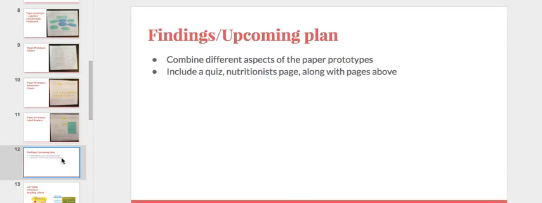So that would include all those pages above, the flashcards, the slider, the charts, and the label reader. And I also wanted to include a quiz to see if the users were retaining the information, and then a nutritionist/reference page to ensure that the users are getting credible information.